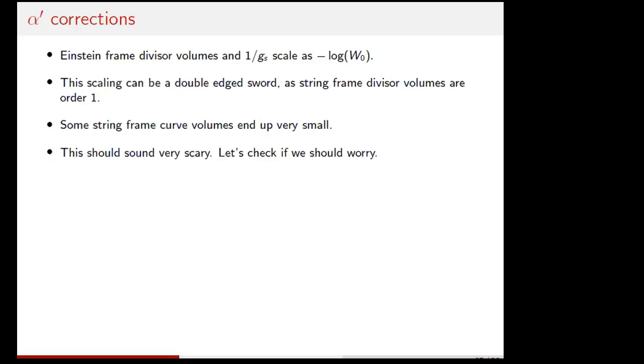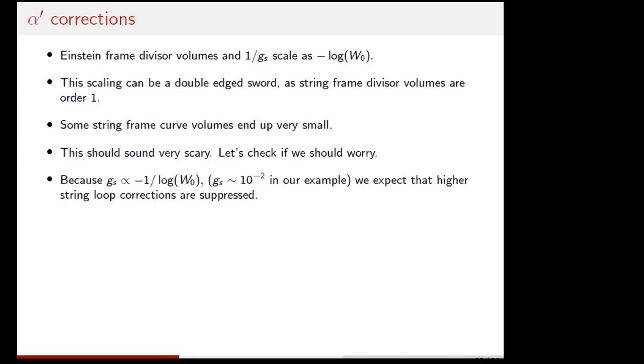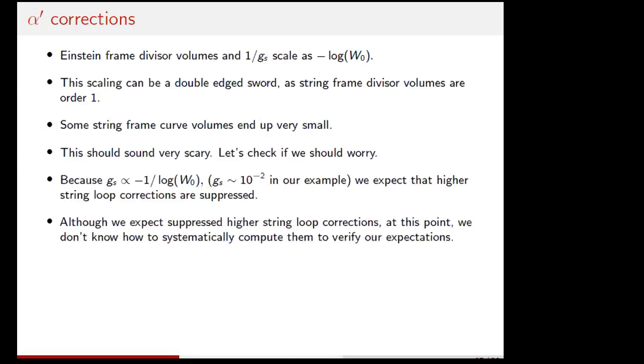So what we did was to compute alpha prime corrections, which we can do by using Gopakumar-Vafa invariants and mirror symmetry. Those kinds of alpha prime corrections are the ones that you can compute, assuming that string loop corrections are suppressed, and they are suppressed because the string coupling is small.